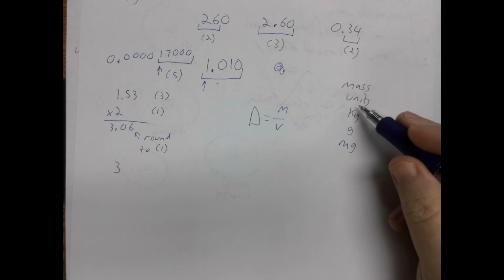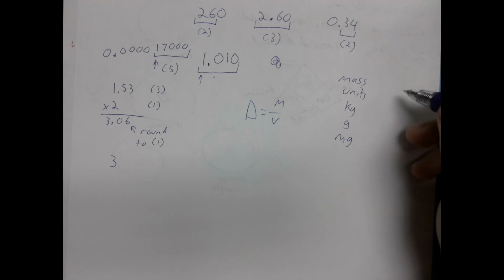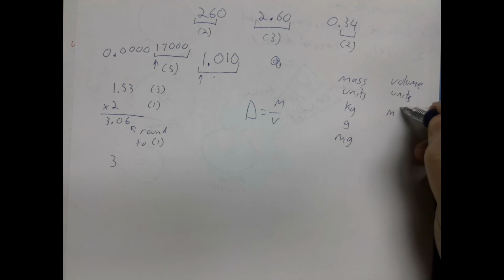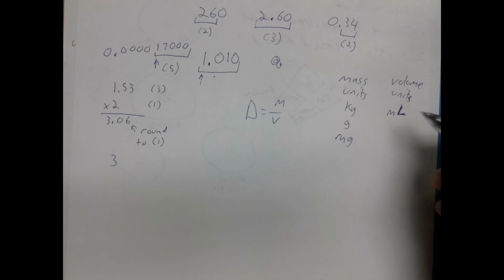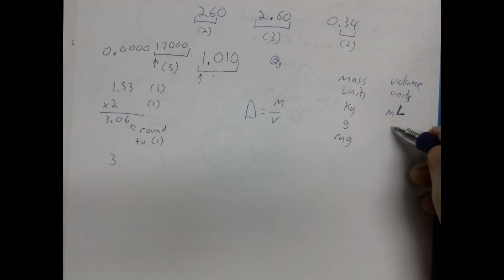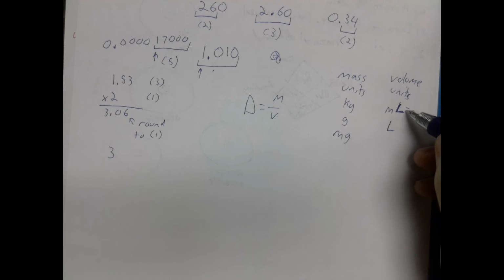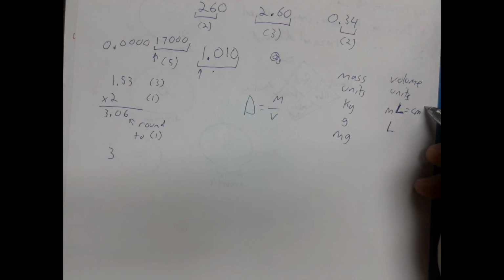We usually always use the metric system in chemistry. Volume units would be milliliters. Note that milliliters uses a capital L and lowercase m. We can also have liters. A milliliter is equal to a cubic centimeter.